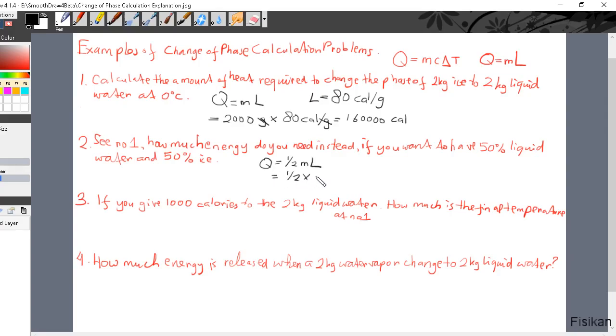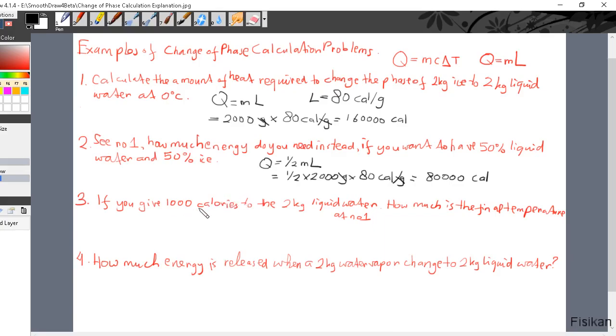Half times the 2000 gram times the 80 calories per gram. Cancel the grams, and then you will get 80,000 calories. You will have 50% liquid water and 50% ice. That's it for number 2.